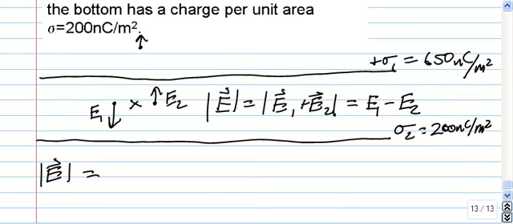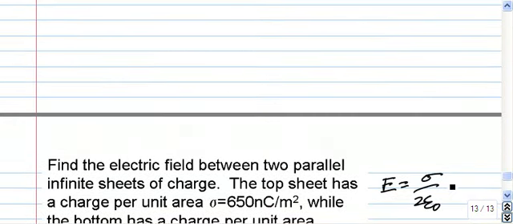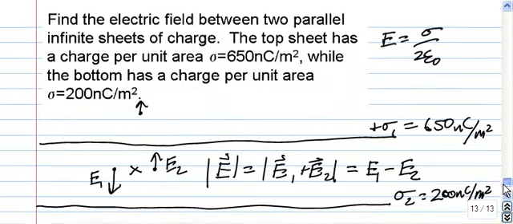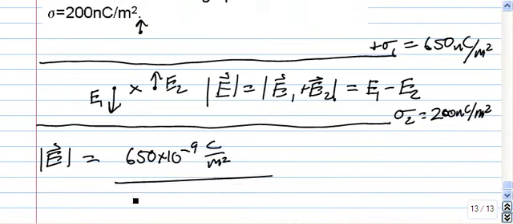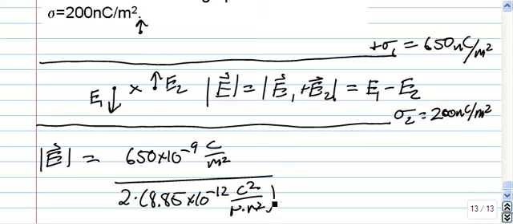Okay, the magnitude of the E field in between the sheets, then, is just going to be, well, the expression for the E field, if we go back up, is just sigma over 2 epsilon naught. So I just have to put in the numbers. The E field 1 is going to be 650 times 10 to the minus 9 coulombs per square meter over 2 times epsilon naught. Okay, so there's the expression for the top sheet.